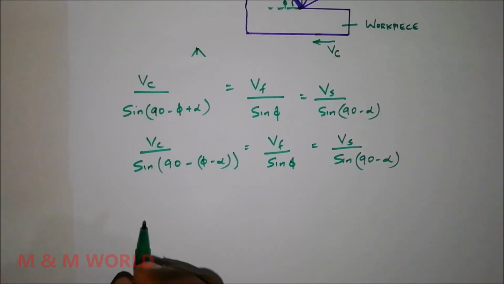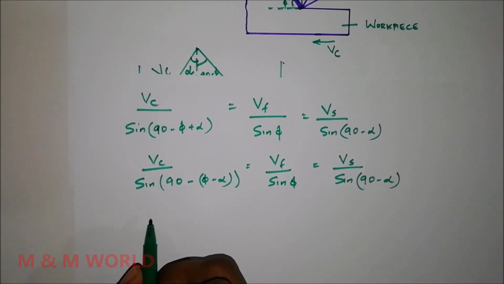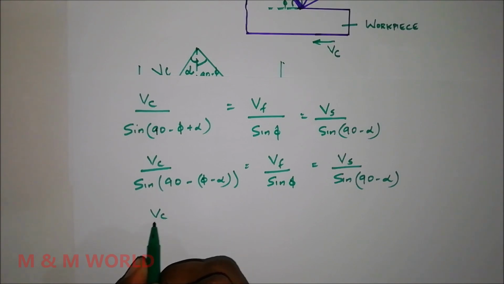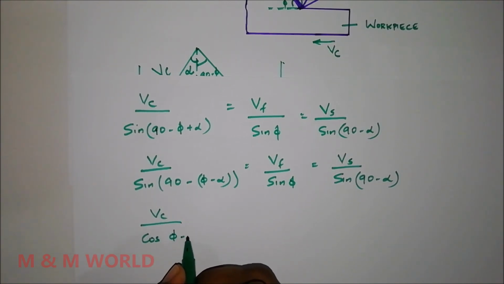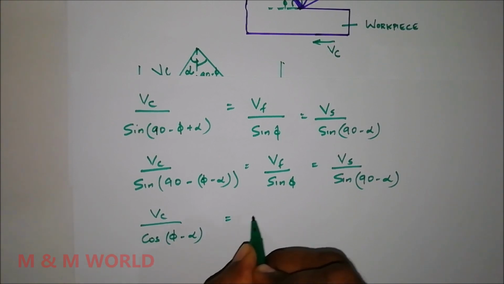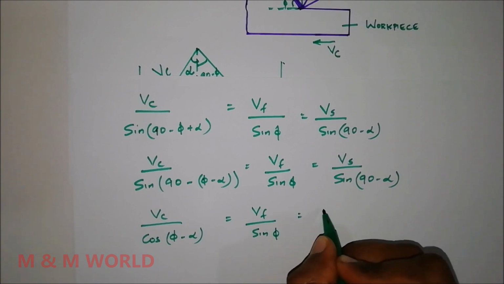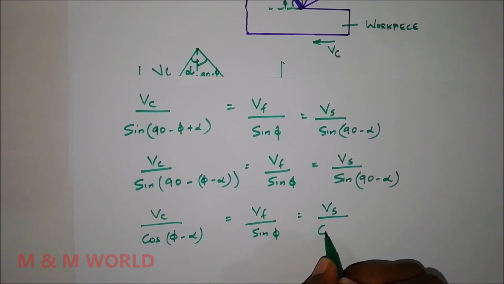So this can be written as VC by cos of phi minus alpha is equal to VF by sin phi is equal to VS by cos alpha.